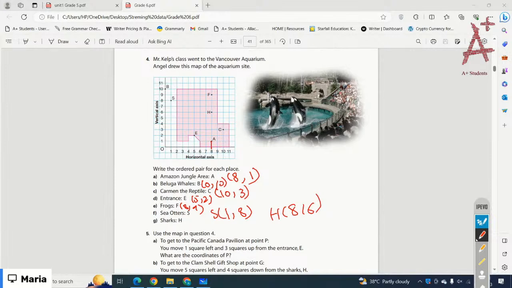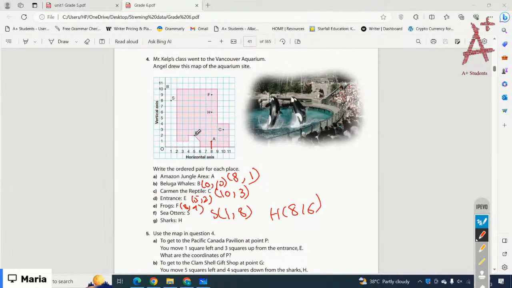Question number 5 is: use the map in question number 4. To get to the Pacific Canada Pavilion at point P, you move 1 square left and 3 squares up from the entrance. Okay, 1 left.